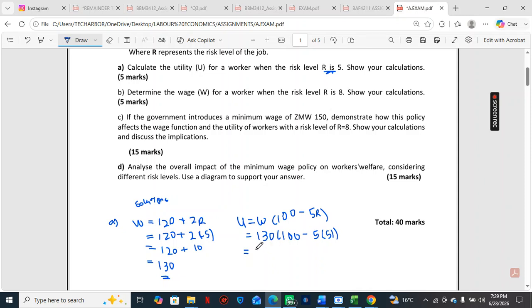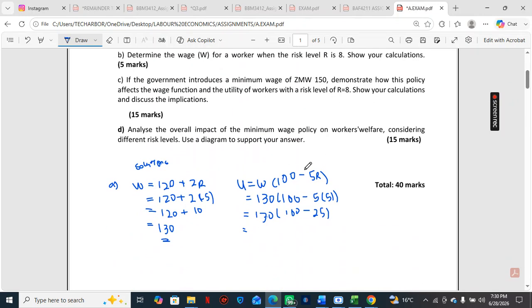So we're going to say 130 open brackets 100 minus 15 times 5. Sorry, it's 15R here, not 5R.